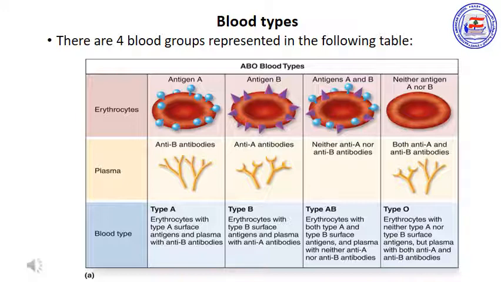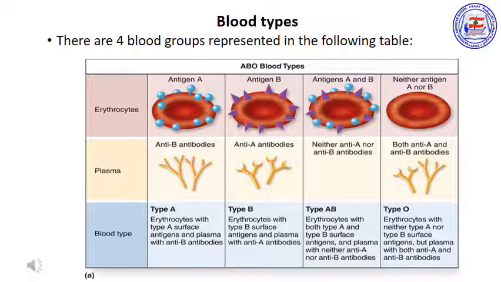So when erythrocytes or red blood cells carry on their surface antigen A, and the plasma surrounding these erythrocytes carries anti-B antibodies, the blood type will be type A. So blood type A is characterized by the presence on the surface of red blood cells of type A antigens and anti-B antibodies.